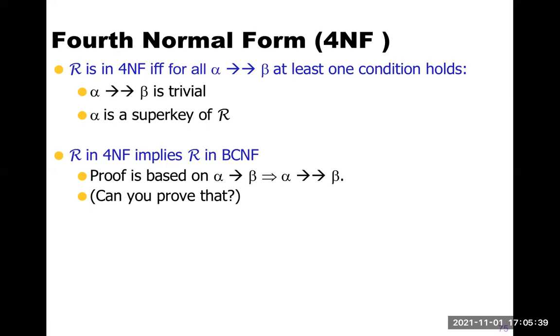So if multi-value dependencies are determined by business, something that comes not from data, then how to check that my table corresponds to fourth normal form? I check every and all the multi-value dependencies.